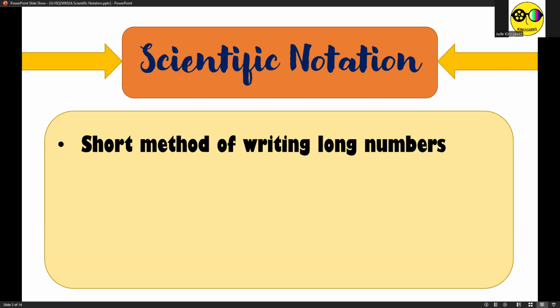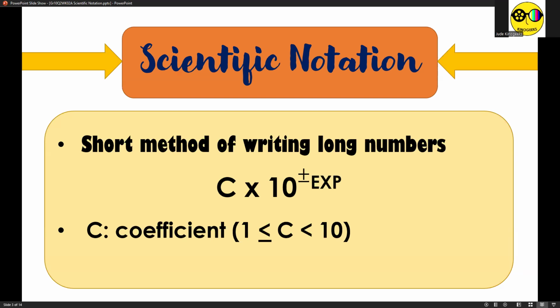It is expressed using this notation, C times 10 raised to positive or negative exp, wherein C is the coefficient, a number that is between 1 to 10, excluding 10, while exp stands for the exponent. Our goal for today's lesson is to convert numbers in standard notation to scientific notation and vice versa.